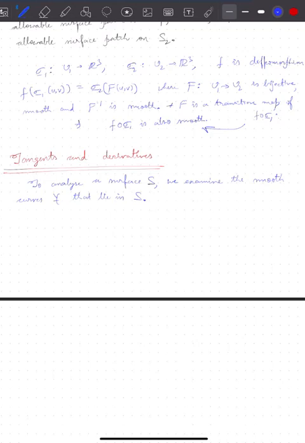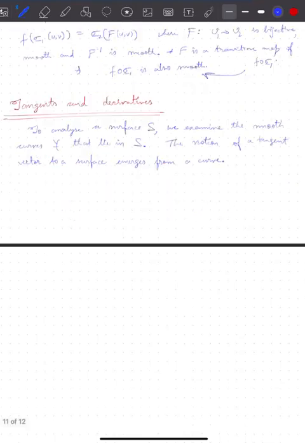So the notion of a tangent vector to a surface emerges from a curve. That is the whole idea.